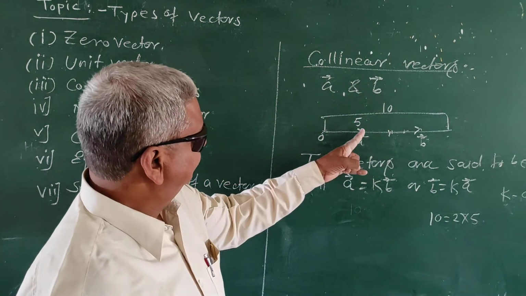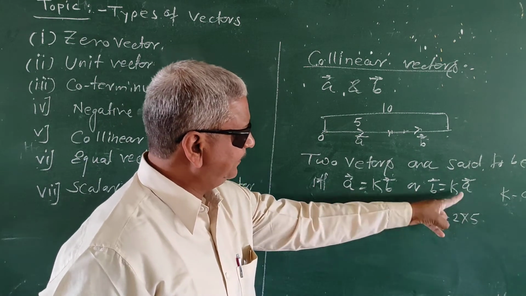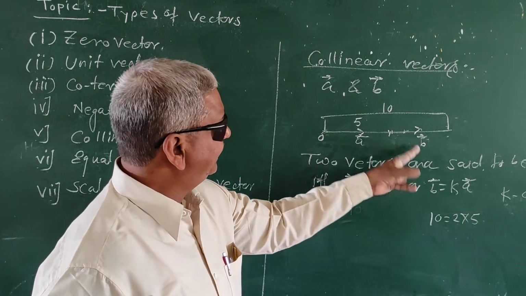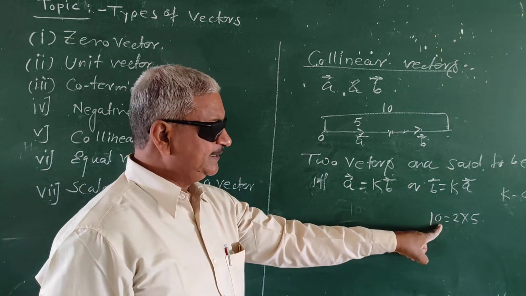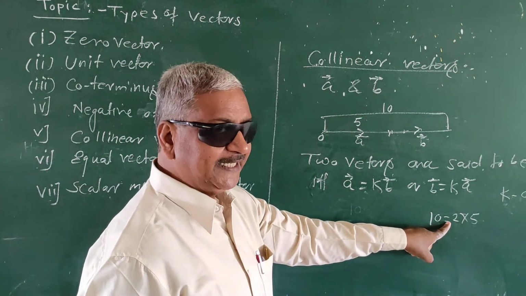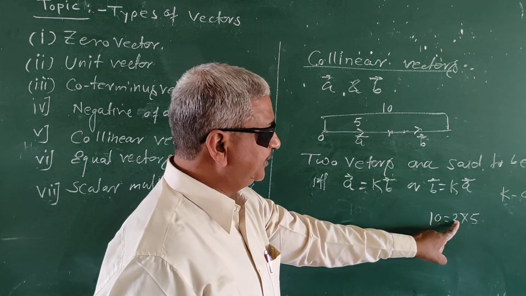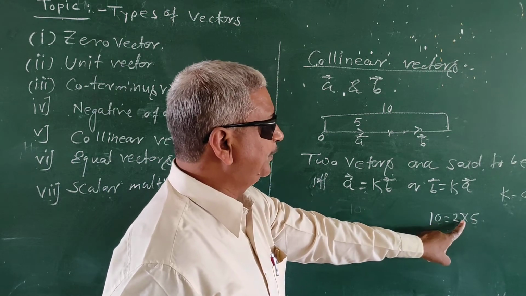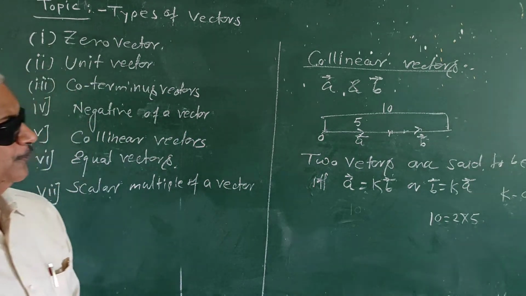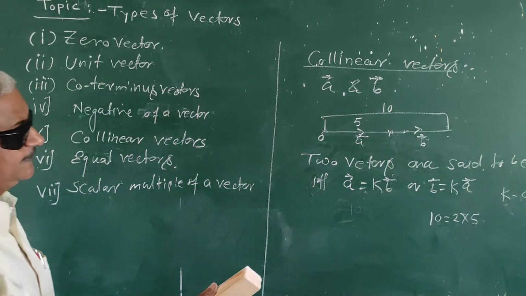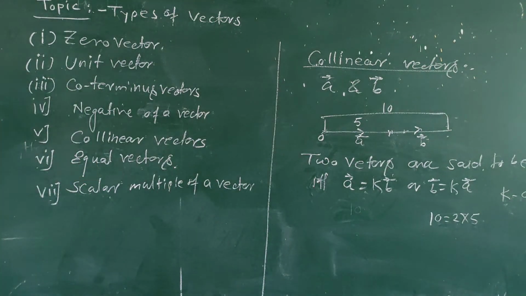The magnitude of vector a bar is 5, k is 2, and the magnitude of vector b bar is 10. So vector b bar can be expressed as a multiple of a bar, 2 times a bar, 2 into 5, that is 10. This is the property for collinearity, and it is very important and applicable in problems.